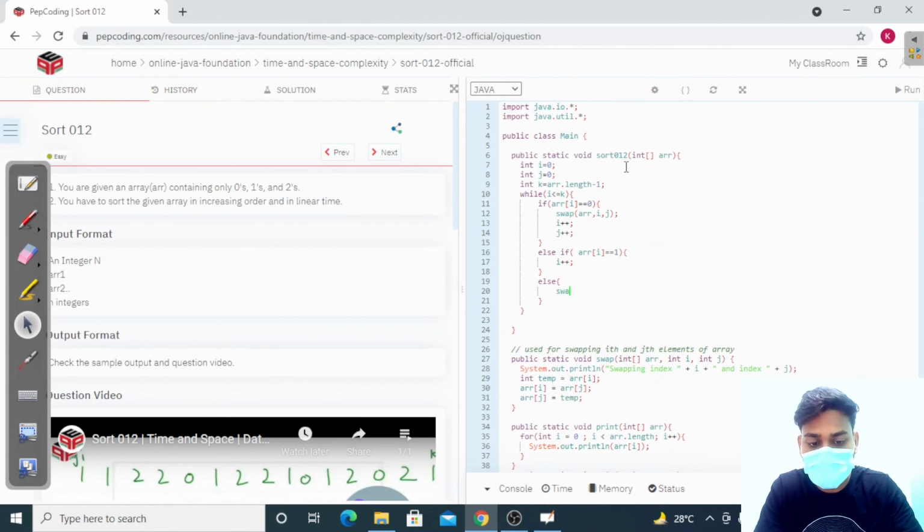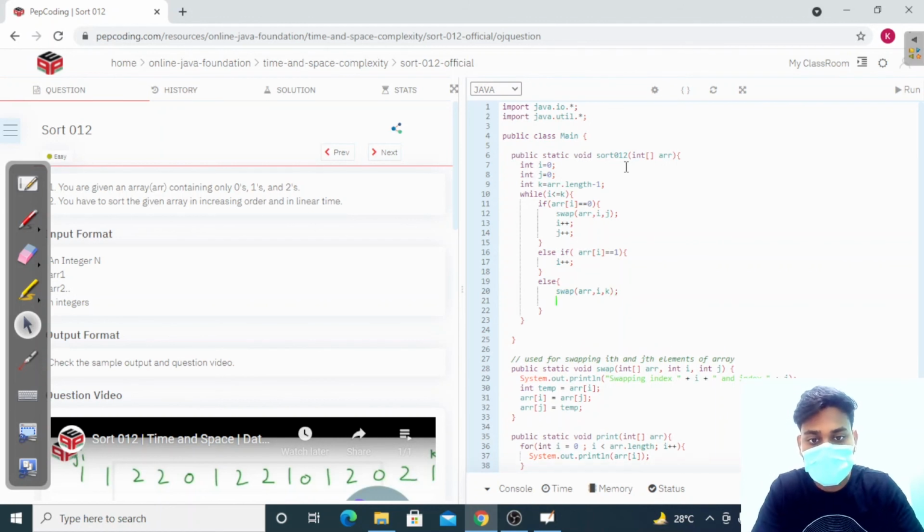We have to swap it with arr K, and we decrease K minus minus. So this is the code. Now let's run it.